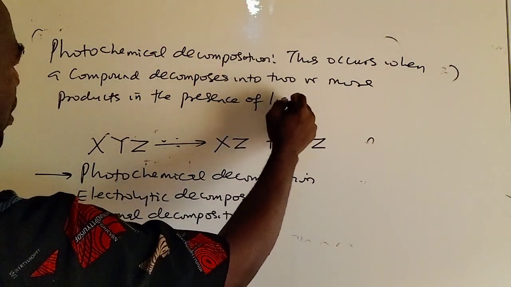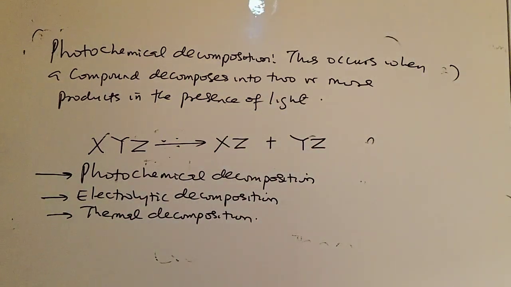So that is the first type of decomposition reaction, called photochemical decomposition reaction, brought about by sunlight.